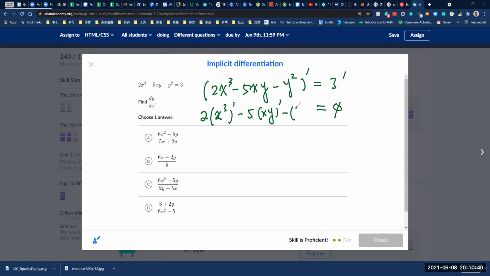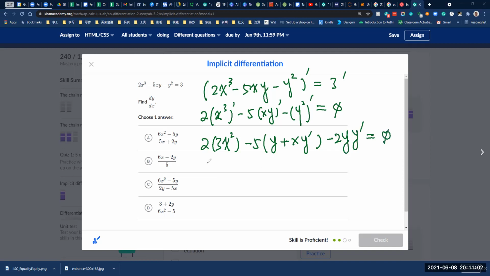Then minus (y²)'. So this one is 2 times 3x to the second power. This one we have y plus xy prime, and this one is negative 2y y prime, equal to 0. So we get 6x squared minus 5y minus 5xy prime minus 2yy prime equal to 0.